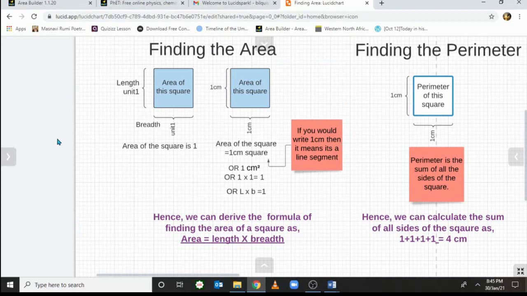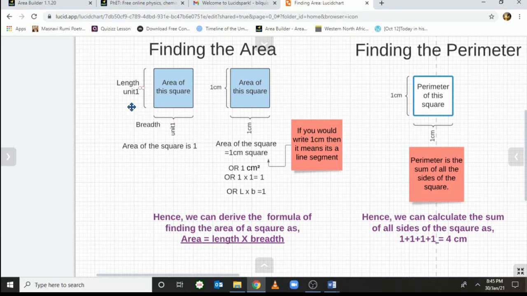So if it's a square, because all the sides are equal, all four sides are equal. So if considering that the standard unit of measurement of one side is unit 1, then all the sides will have the same units.